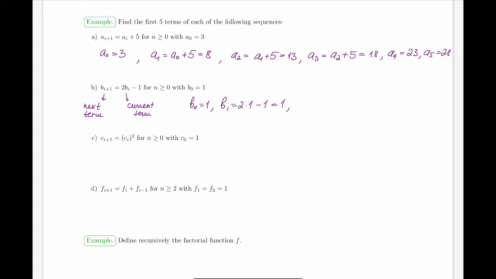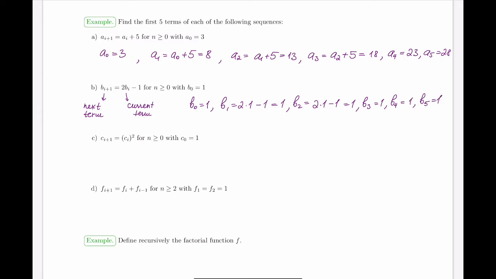The next term, or B2, is going to be the previous term times 2 minus 1. 2 times 1 minus 1. Still 1. At this point, it's actually clear that we're just always going to get 1. So if you compute the next one, you'll get 1, and so on.